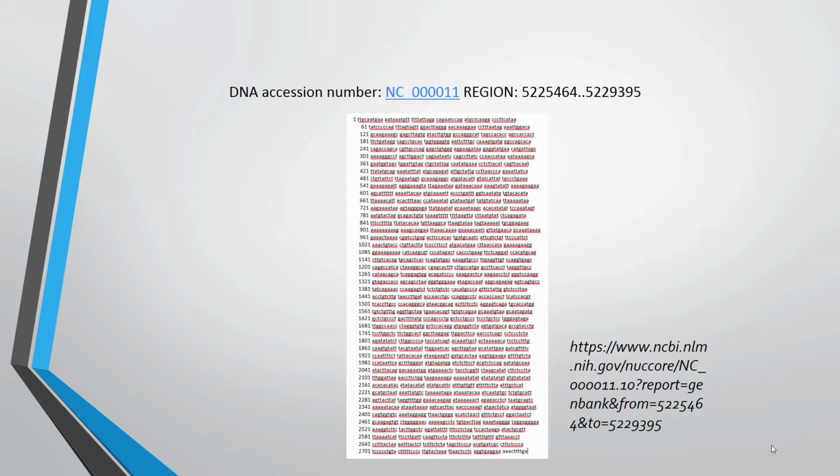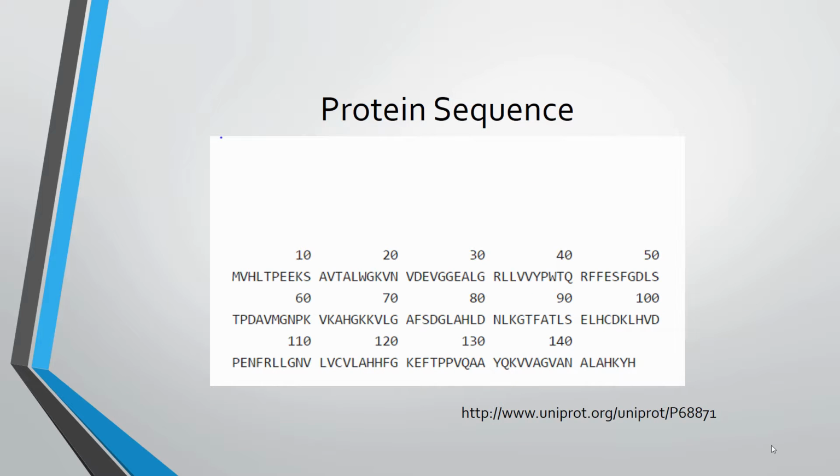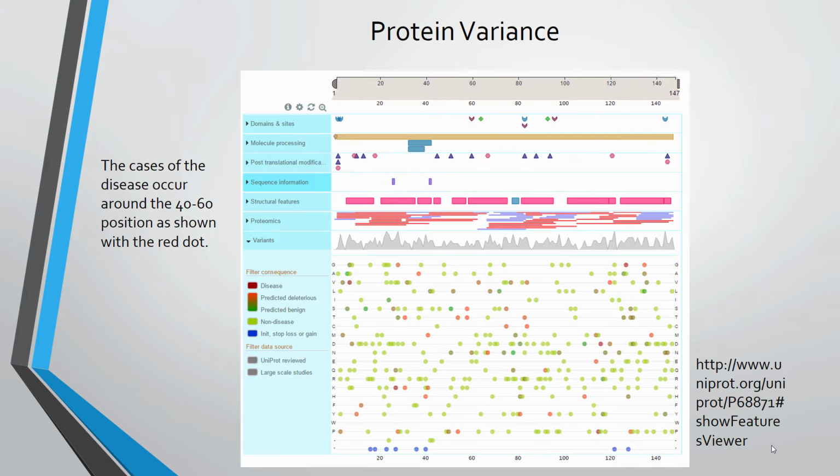The DNA accession number was inputted into a nucleotide BLAST search, and then the NCBI reference sequence was found. That was searched, and then we were able to obtain the full DNA sequence, along with some of the adjacent genomic DNA. The protein sequence was then found through Ensembl, along with the protein variants.